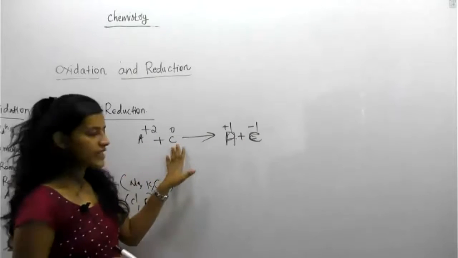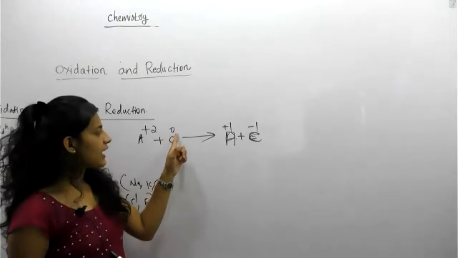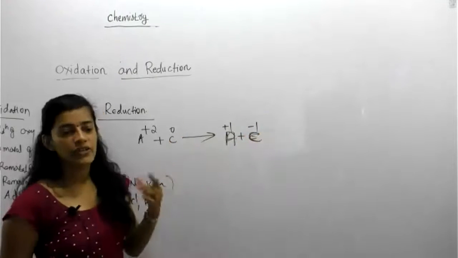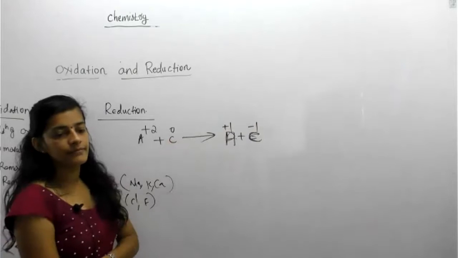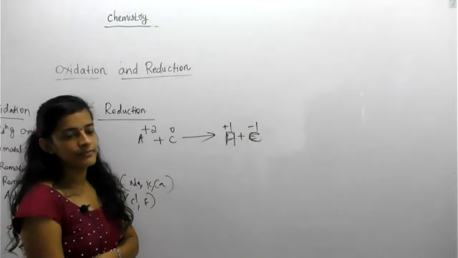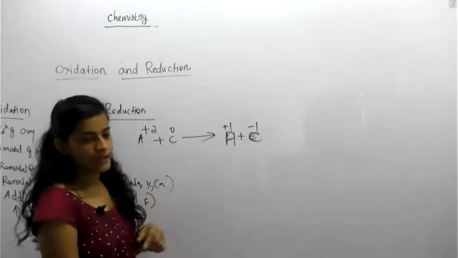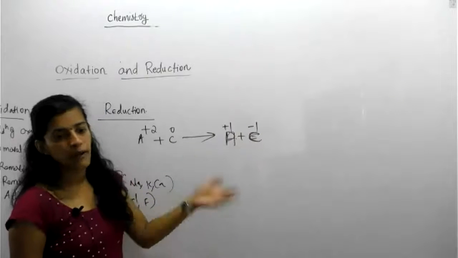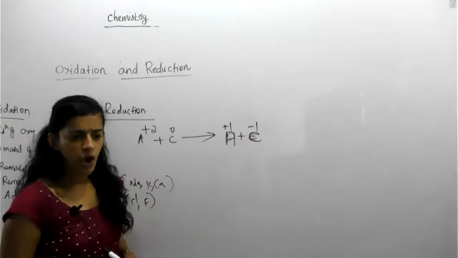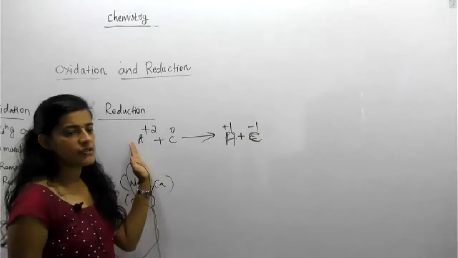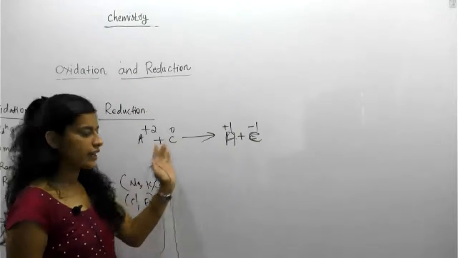In the case of C, having 0 in the reactant, it is converted to -1. Is that an increase or decrease? 0 to -1, of course a decrease. So what kind of reaction is this, oxidation or reduction?